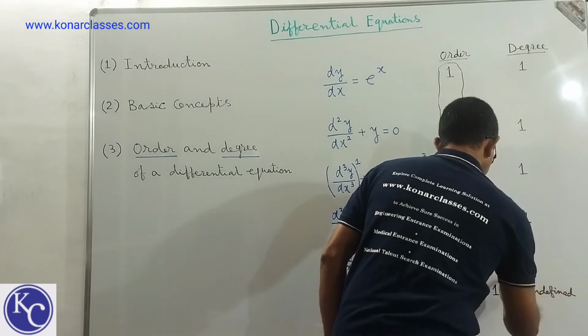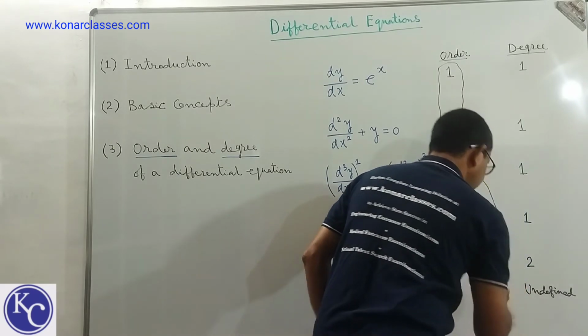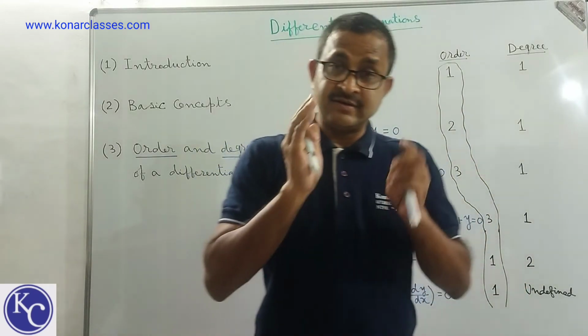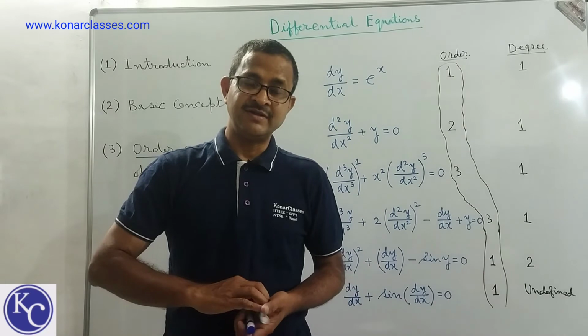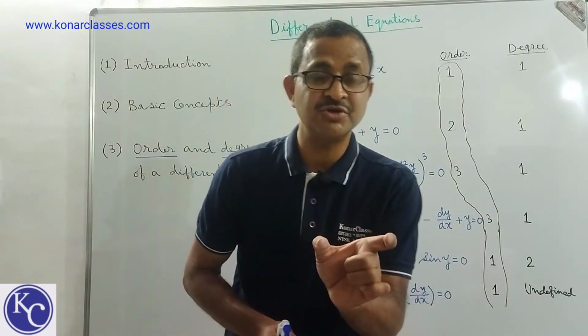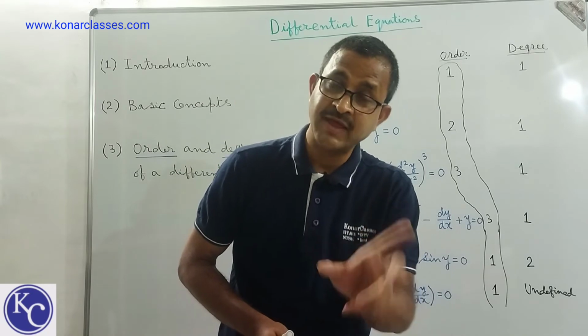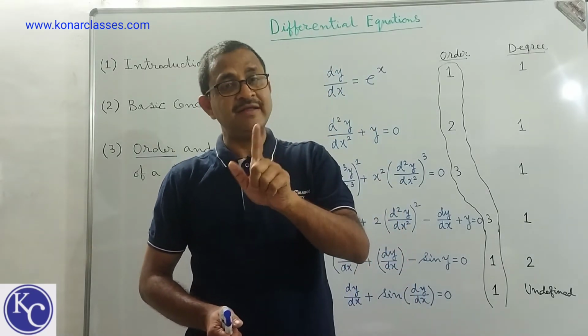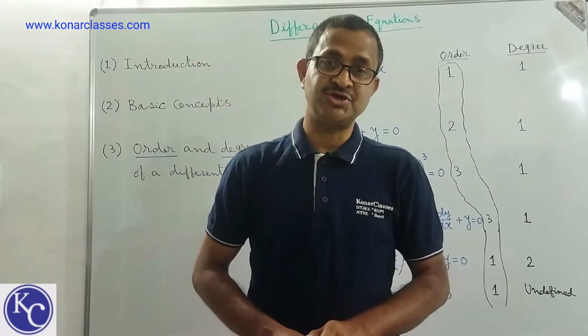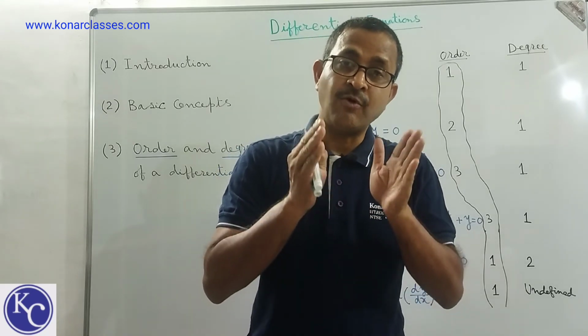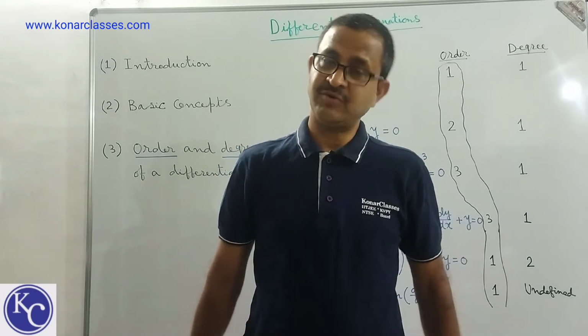Okay, dear students, so what did we learn? We learned that it may be possible that there exists a differential equation whose order is defined but degree is not defined. And if both order and degree are defined for a differential equation, both have to be positive integers.